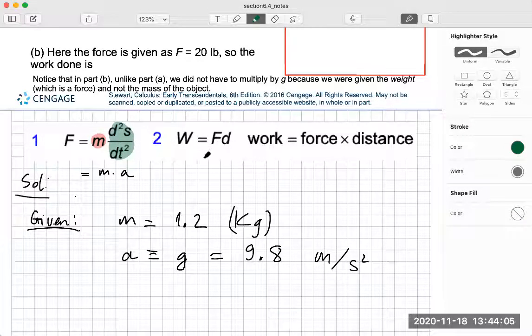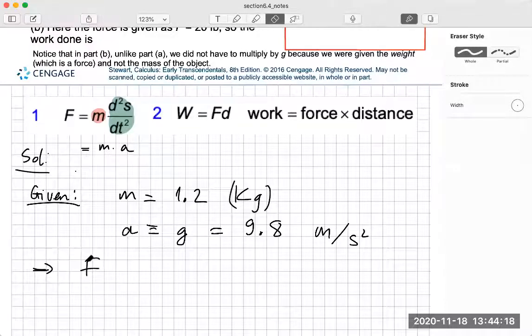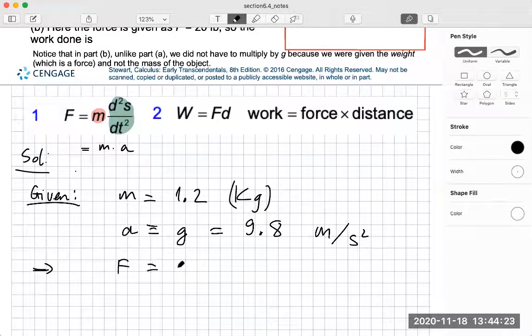So it means that we can compute F. So what is F here? Help me, please.